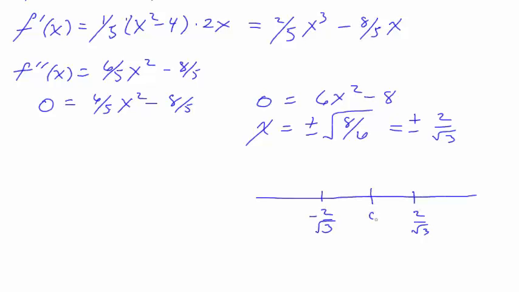Well, we got a test point of 0. That's definitely 1. And the question is, what is 2 over square root of 3, the decimal representation? Let's find out here real quick. 1.15, approximately, so we'll pick 2 as our test point, and how about -2?